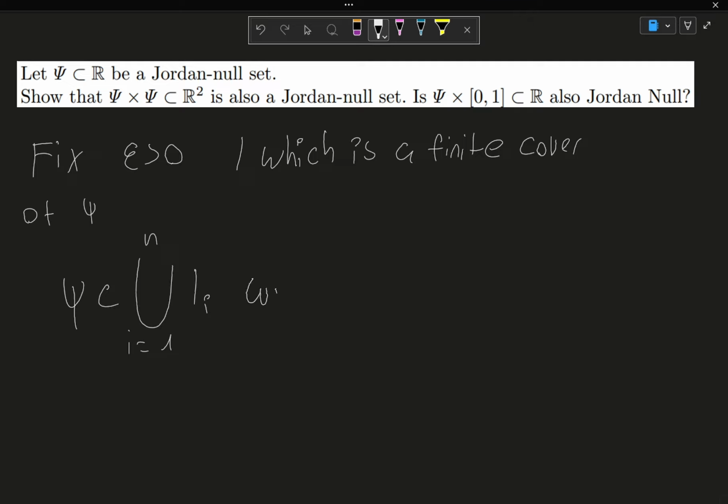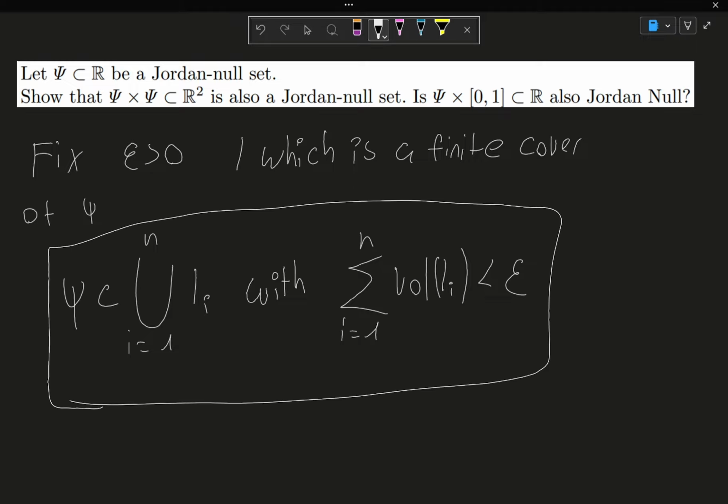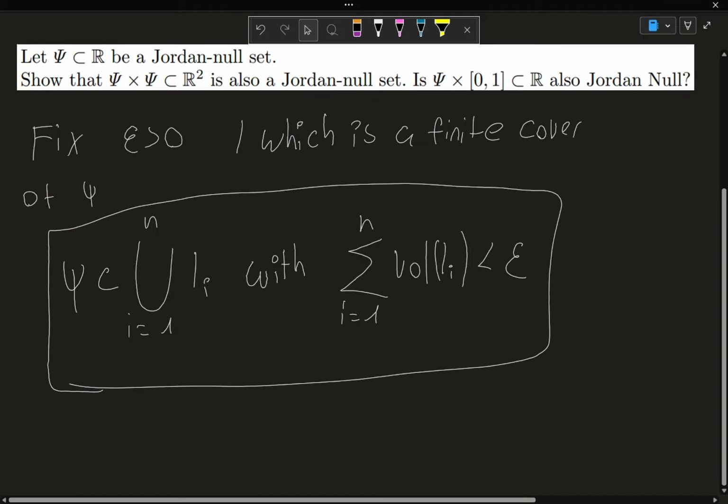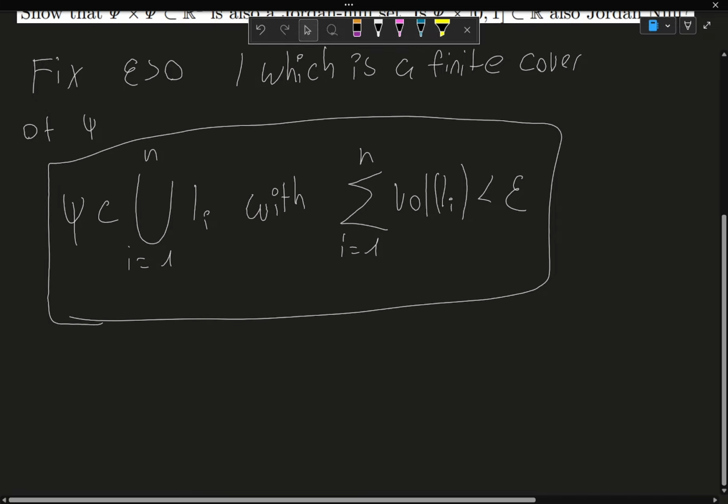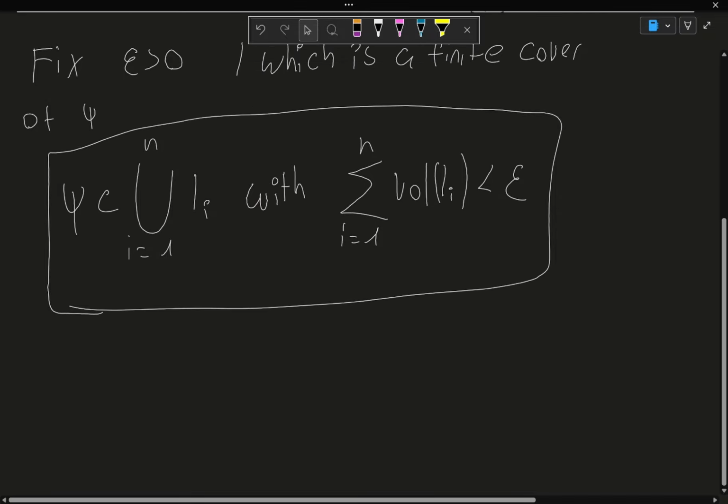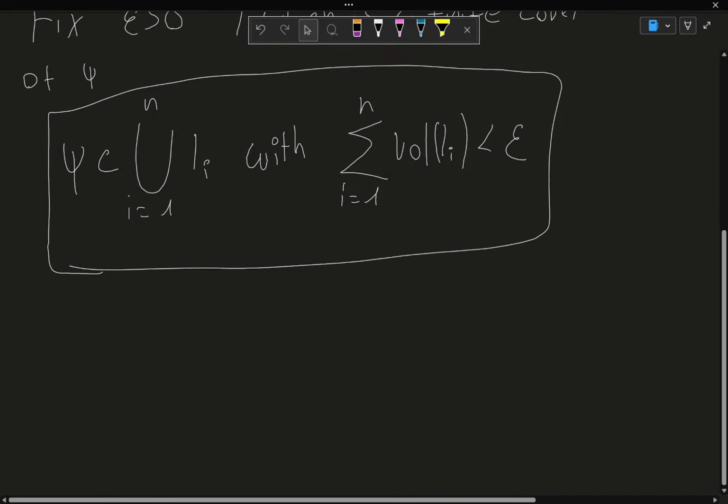But we also know that the sum of i equals 1 up to n of the volume of I_i is less than epsilon. This right here is just the definition of Jordan-Null. There's nothing special here. We didn't do anything. We just wrote down the definition so we can work with this and prove our result.